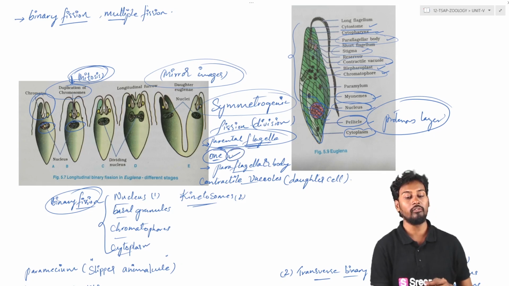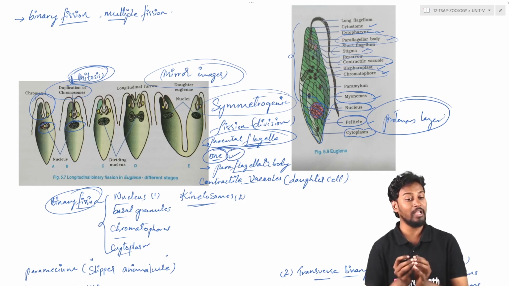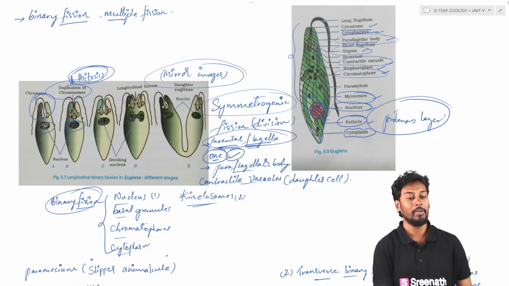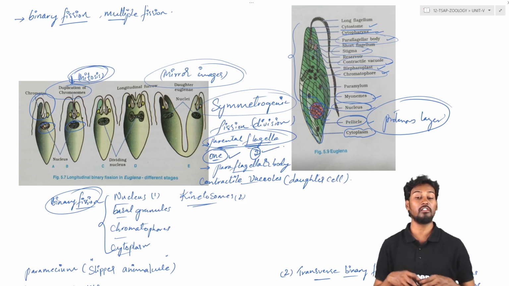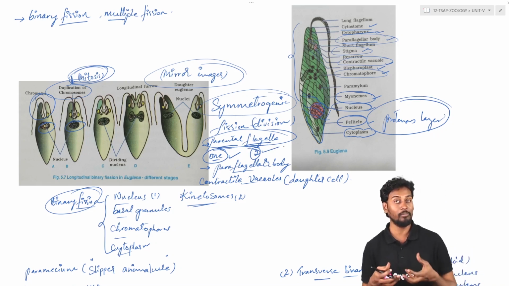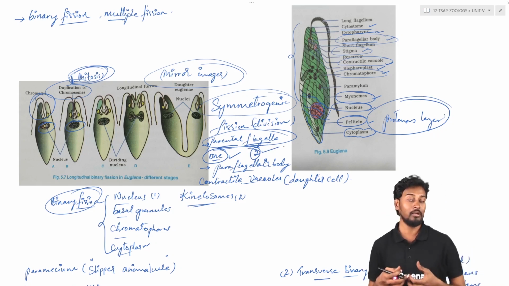So one of the daughter cells will receive that parental flagella, but the second daughter cell will synthesize its own basal granule and also the flagella.